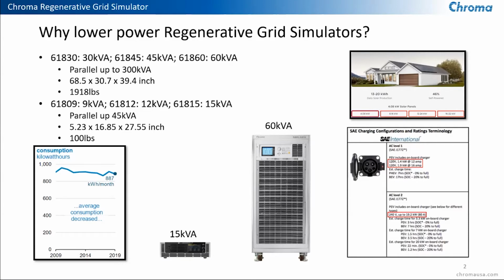So the lower power applications can really take advantage of this smaller size and lower power, which actually gives you improved measured current and power since you are now in a closer range. And we can see here, this is the 61815 15 kVA unit. And on the right, we have the 61860 or 60 kVA unit.